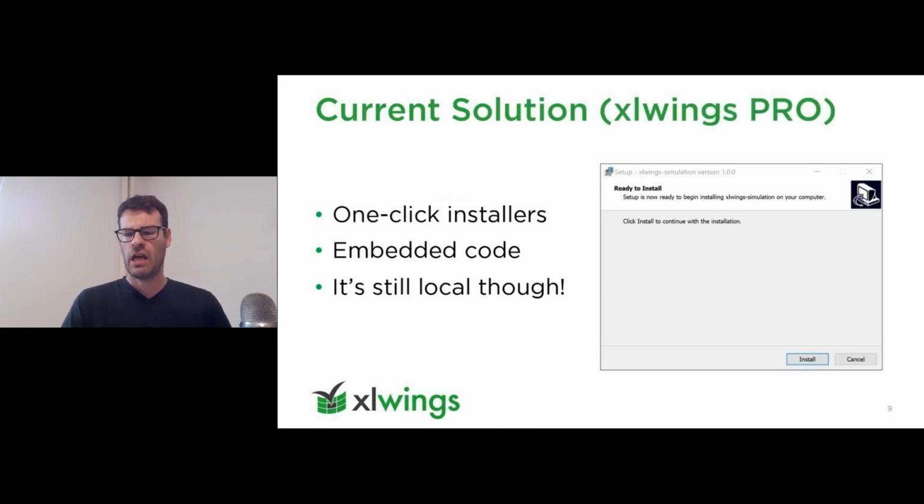At the moment, the best solution I have come up with, as part of the service I provide within the xlwings Pro offering, is giving clients an easy way to put together an installer.